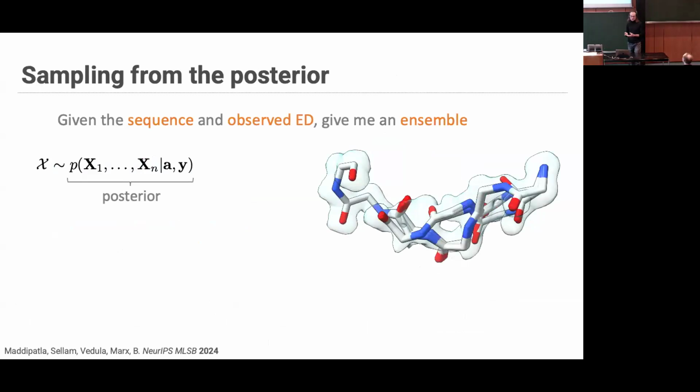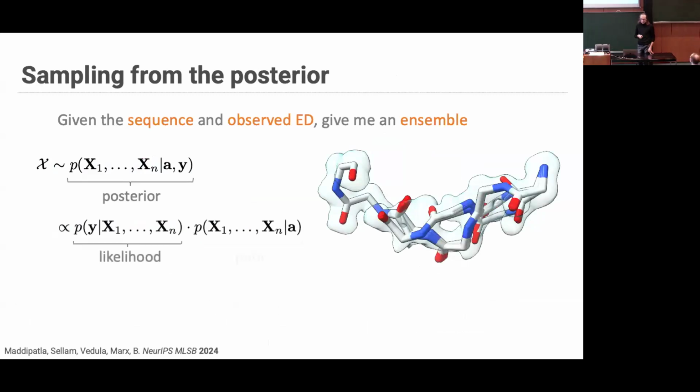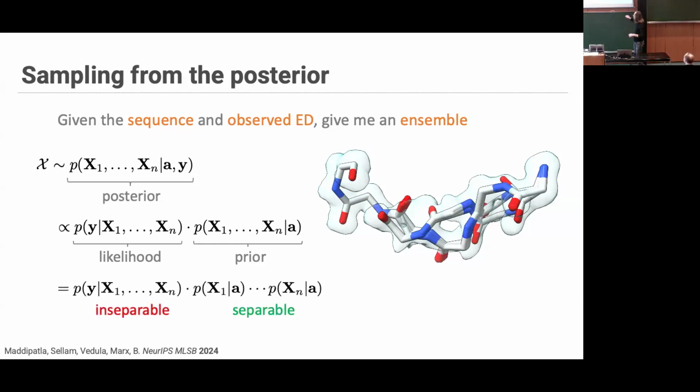Now, sampling from this posterior can be factorized into the likelihood of my experimental observation, like the electron density given the ensemble, times the prior, which is basically what I know given the sequence of amino acids. And the prior, of course, is separable. Every element in the ensemble, in the absence of any other information than the sequence, I can predict independently. The likelihood will typically be inseparable. So let me show why.